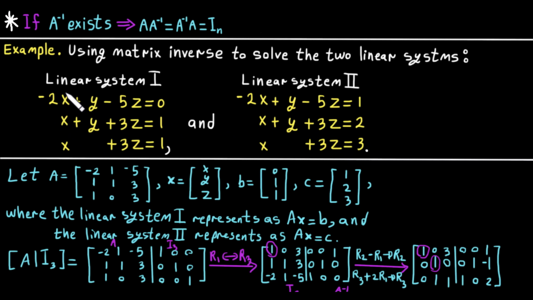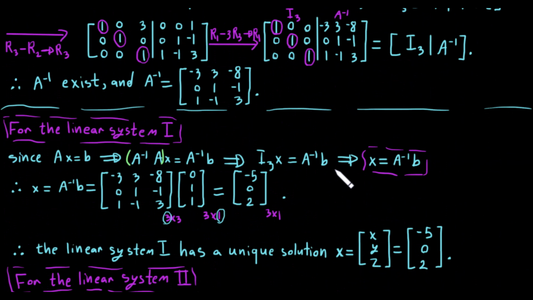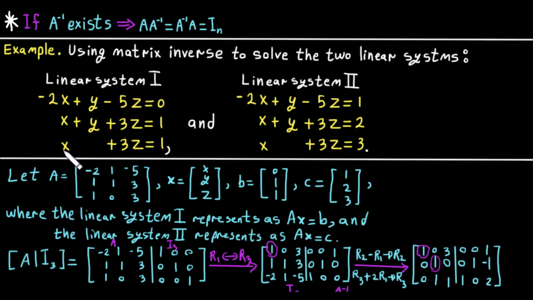The same for the linear system 1, with negative 5, 0, 2: if we substitute X equals negative 5, Y equals 0, and Z equals 2, we get 1. You can check this if you want to make sure your answer is correct.